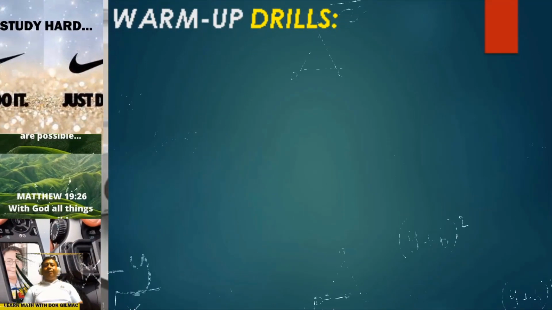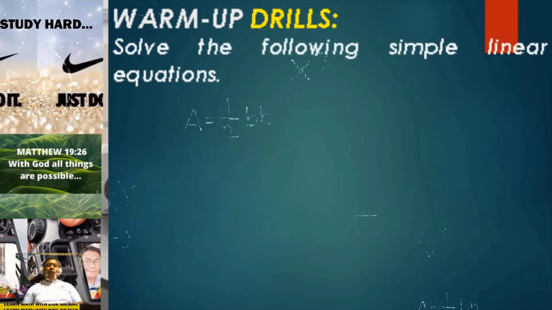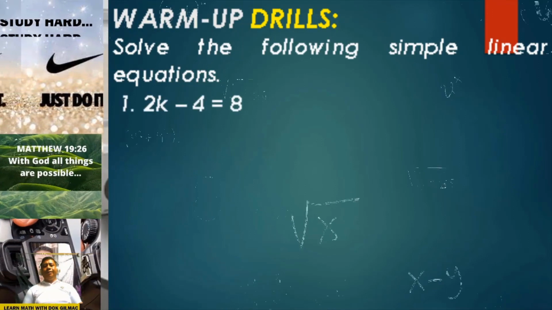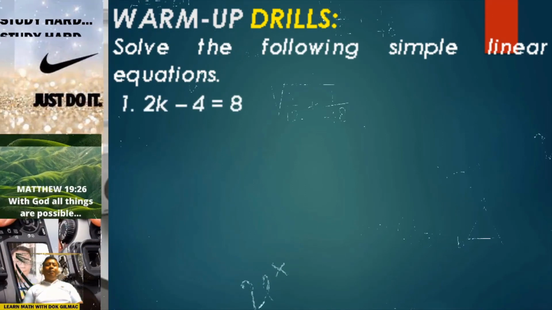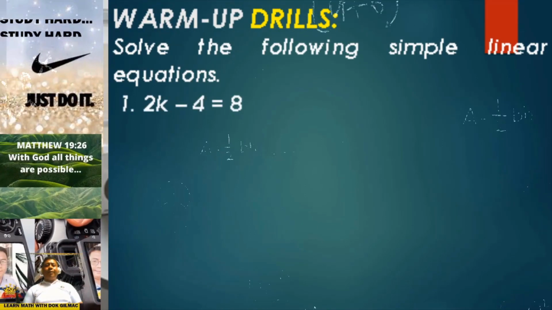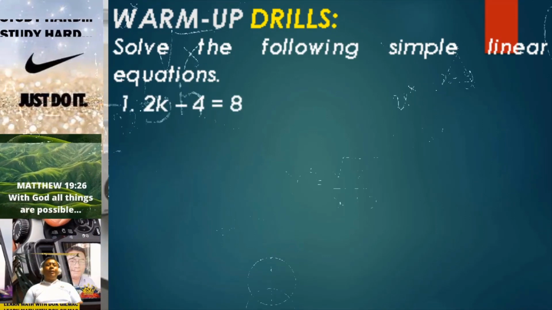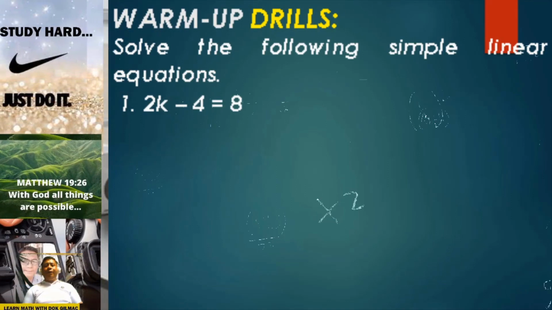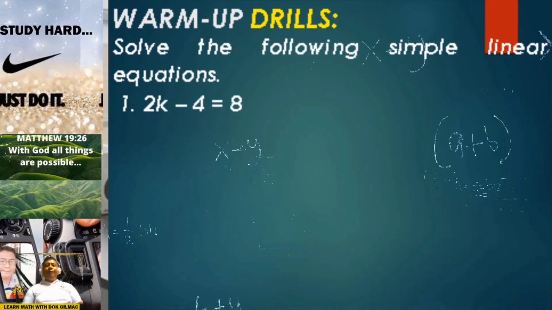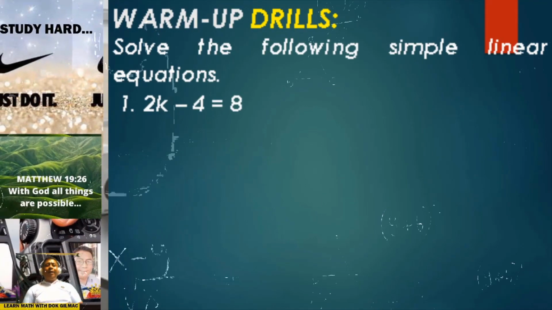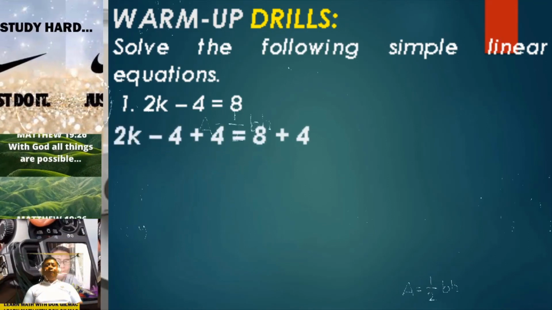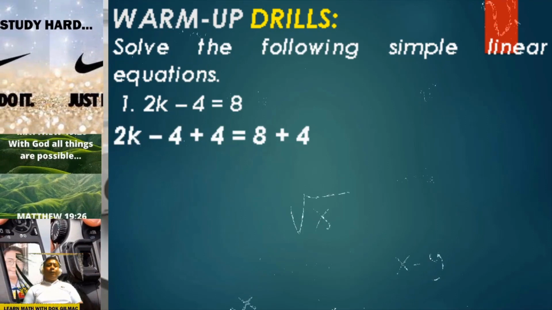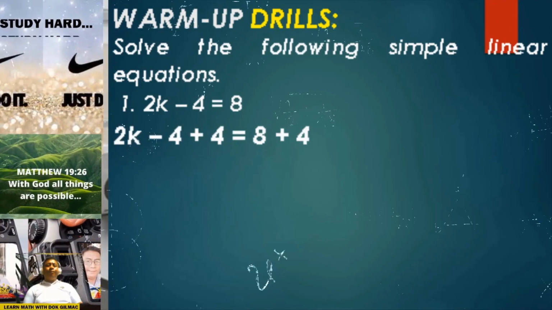Consider a warm-up drill. Solve the following simple linear equations. Number 1, 2k minus 4 is equal to 8. In this given equation, we can simply apply addition property of equality. Add 4 to both sides of the equation. So we have 2k minus 4 plus 4 is equal to 8 plus 4.